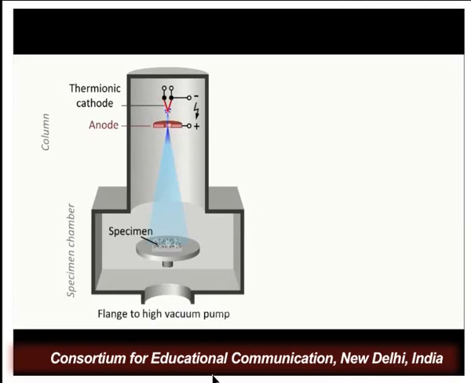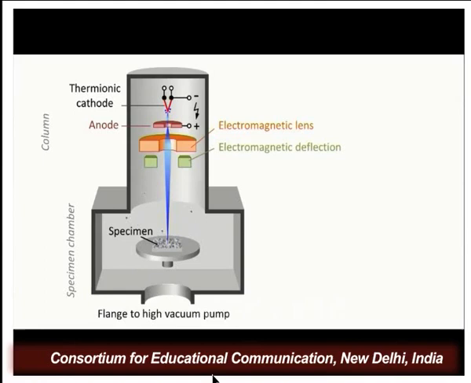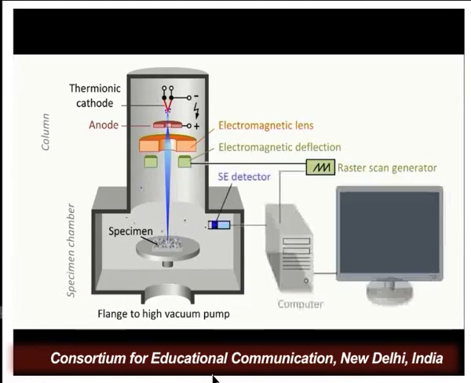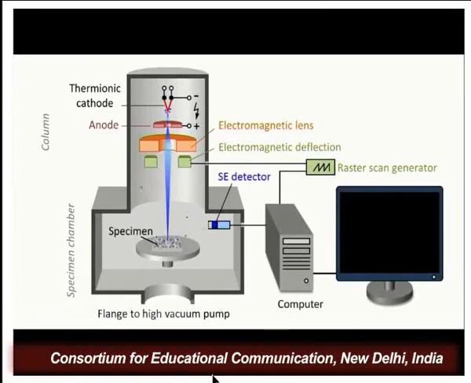Now we see here that electromagnetic lenses are used so that the direction of the electron beam can be changed. Now see that the fine electron beam is passed through this electromagnetic lens, and an electrostatic deflector is used which deflects the beam, and then from here there is the SE, secondary electron detector. That detector is connected with the screen.